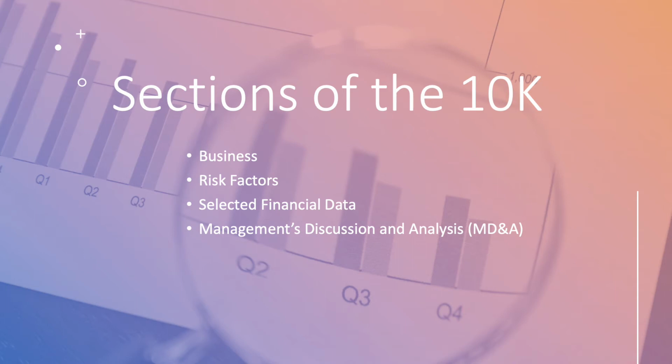So this is a very important section, and they give clues as to what they're thinking and how the business will perform in the future. Lastly, you have the financial statements and supplementary data, and this is where the meat and potatoes are. It's all the financial information, and this has the audited financial statements.